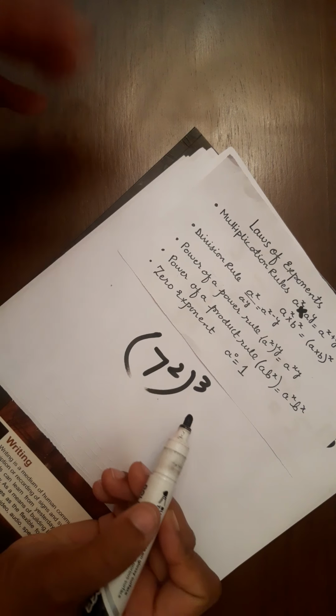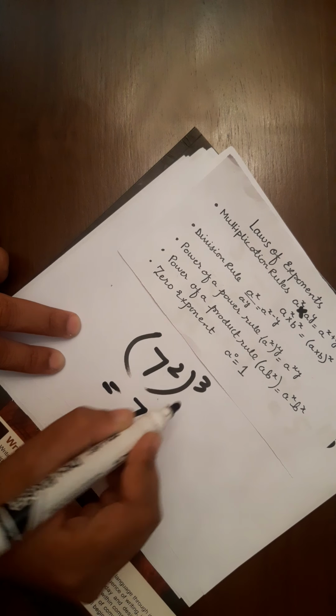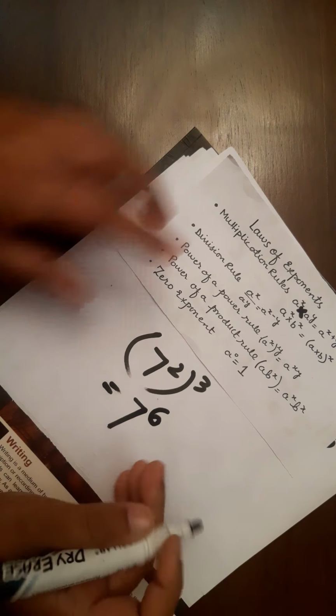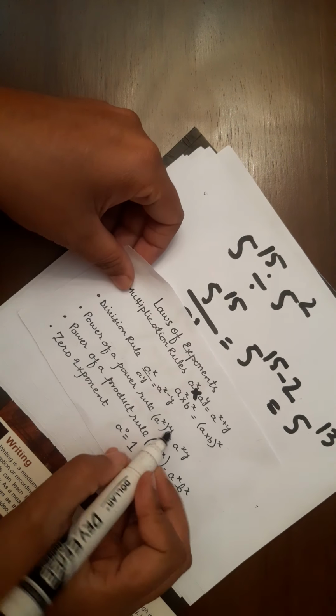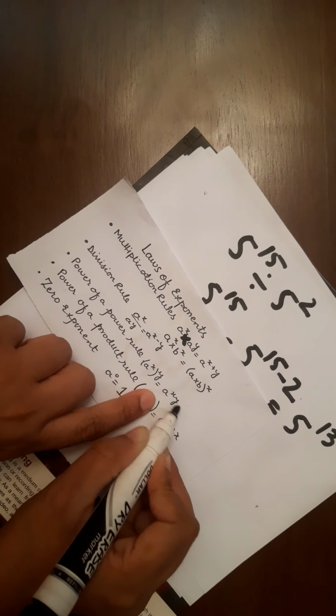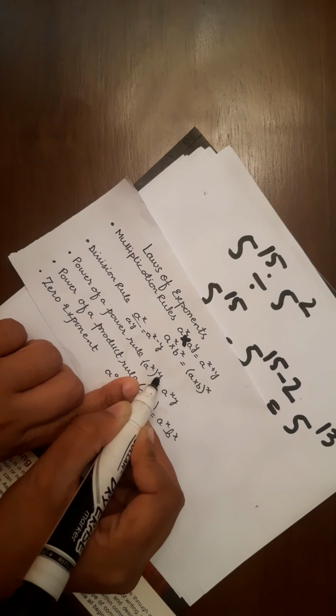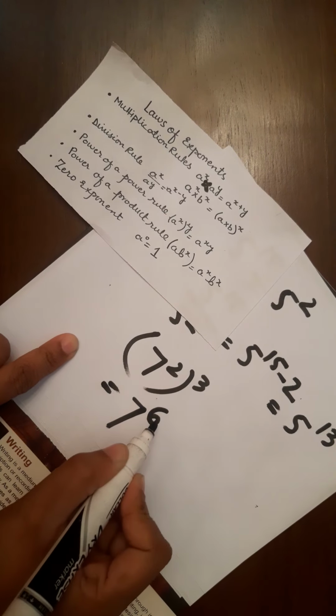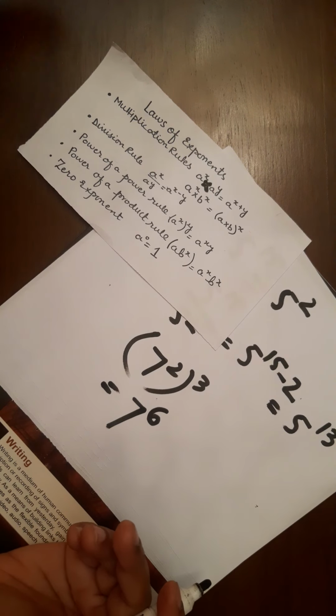Bracket already means multiplication. So your answer will be 3 2s are 6. And then a^xy means they both have been multiplied. So here 3 2s are 6, and when we multiply x with y, we get xy.